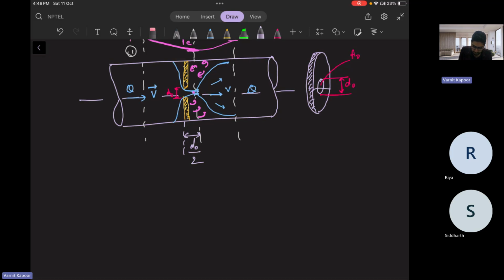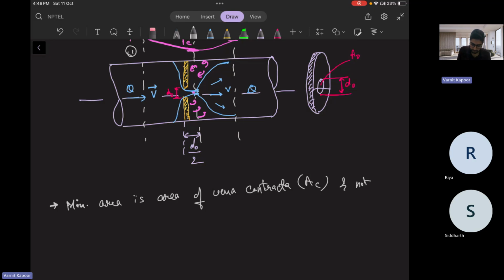So the minimum area is the area of the vena contracta, that is AC, and not the area of the orifice, that is A naught.